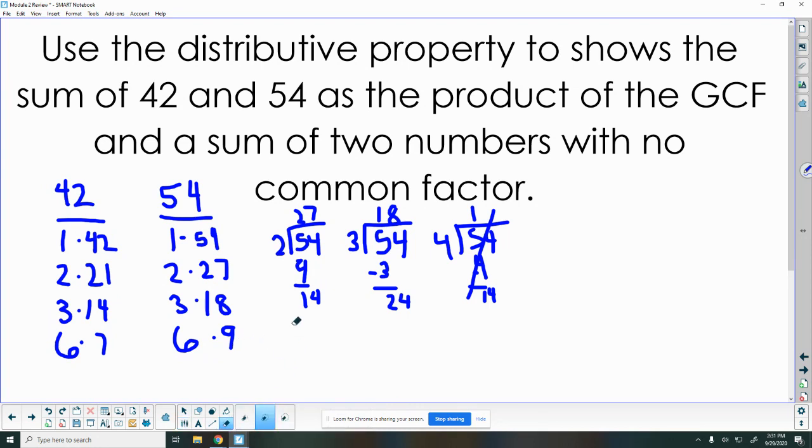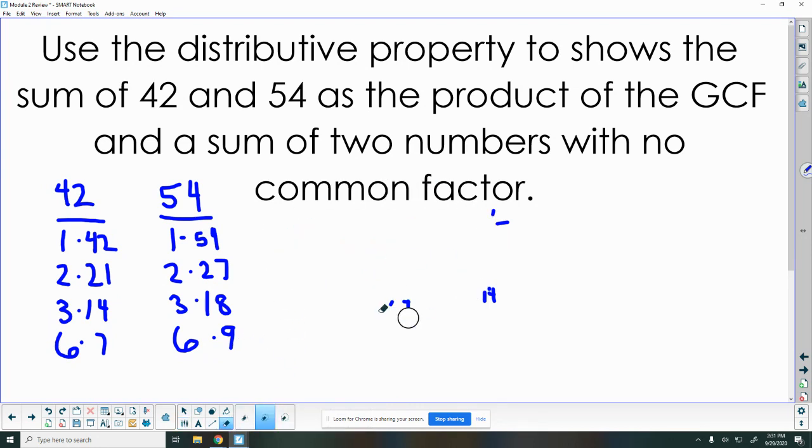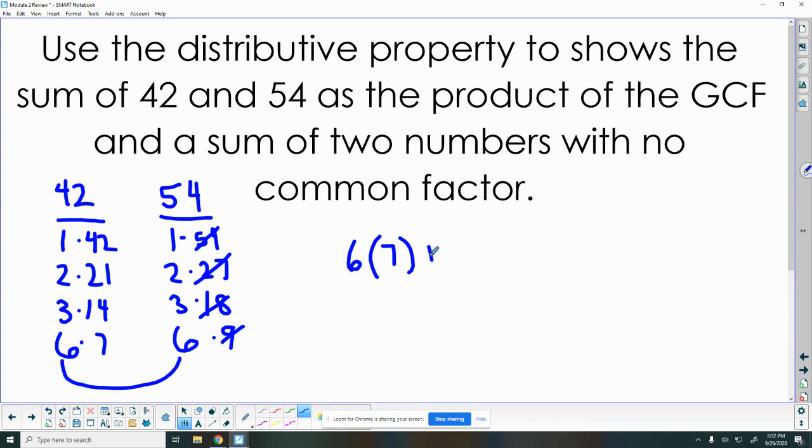So now we're going to look for our greatest common factor here. Those dots out of the way. So they do not both have 54 or 27 or 18 or 9. Oh, but they do have 6 in common. So I'm going to pull out the 6. 6 times 7 is 42. And I'm going to add on, oh, I forgot my 6 here.